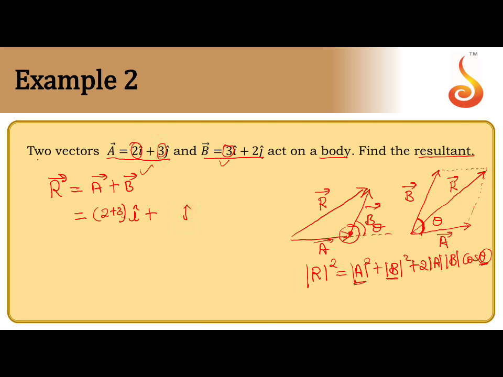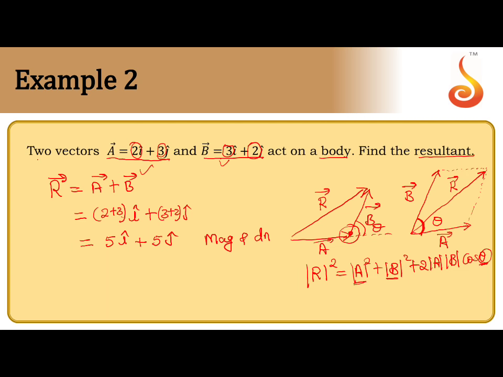Whatever is the coefficient of j in two vectors, add them. 3 plus 2. So this will be 5i cap plus 5j cap. This will be the resultant vector. This is represented both in magnitude as well as direction. i cap and j cap are giving the direction actually.